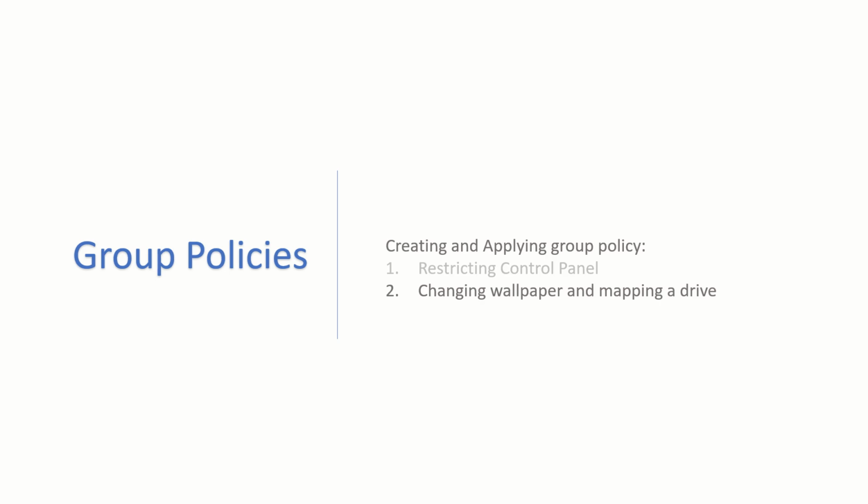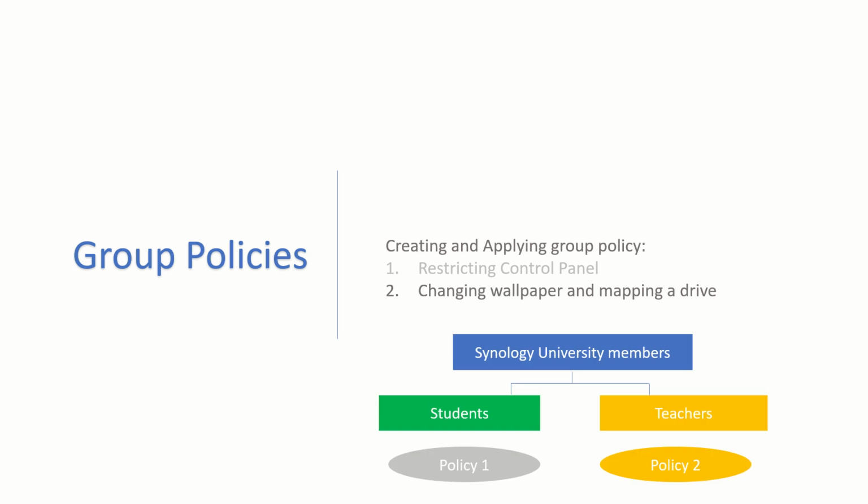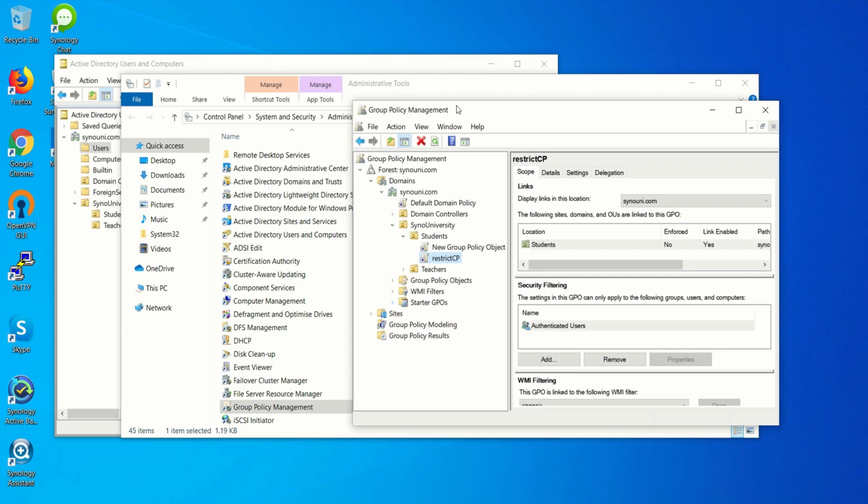So as we mentioned, changing the wallpaper, mapping the drive, that's going to be applied to the teachers in the organization. So let's go ahead with that. It'll be the same flow. You go to Group Policy Management, you select Teachers, and we'll go over the same creation of a group policy object.